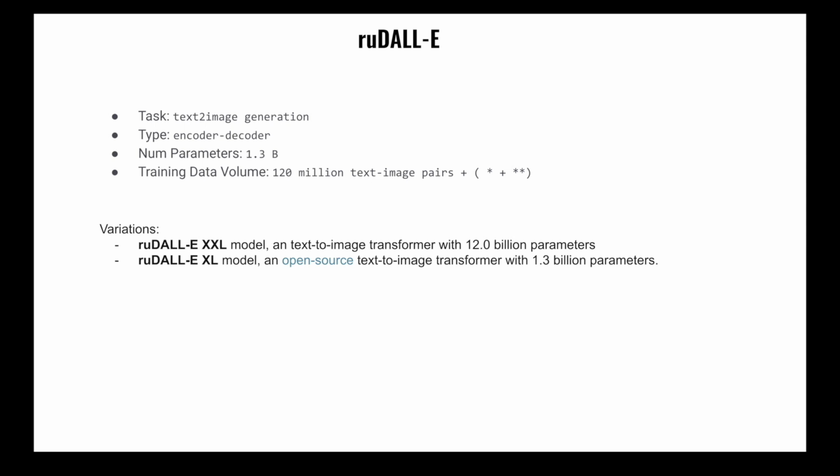The XL model has about 1.3 billion parameters versus the XXL model, which is supposed to have 12.0 billion parameters. They both are text to image, and one big difference is that the ruDALL-E XL model is open source.